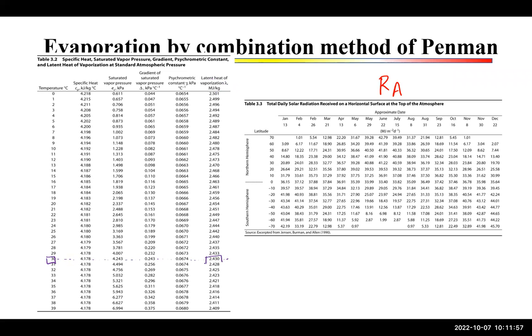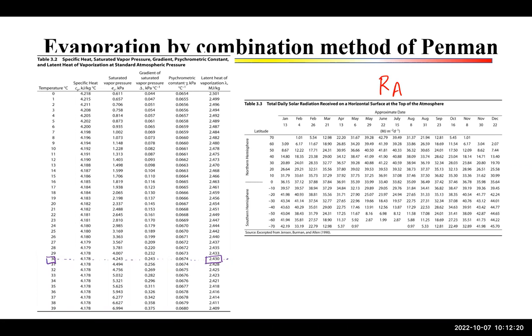Maybe your copy has a better view. Megajoule per kg, right? That simply tells you that to evaporate 1 kg of water at this temperature, the energy required is 2.43 megajoule. That's why it's megajoule per kg.